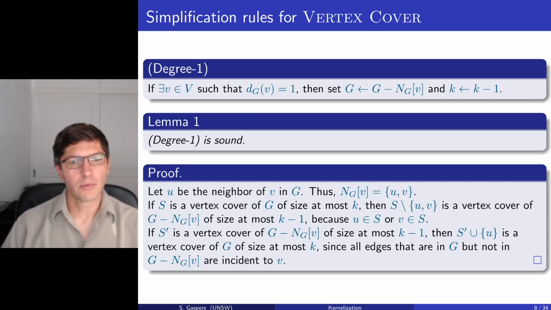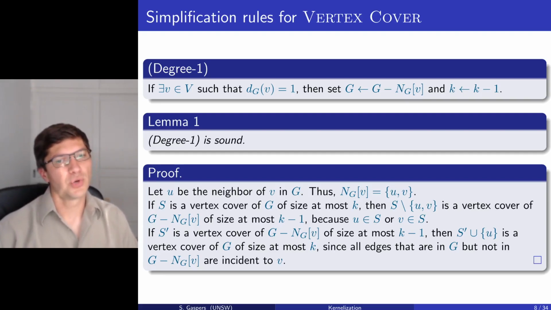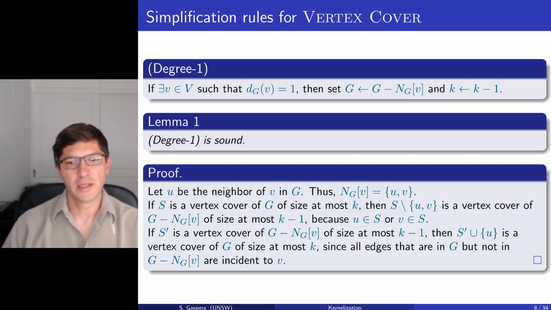Okay, so now we are going to show that if the output instance is a yes instance, then the input instance is also a yes instance. So if S prime is a vertex cover of G minus the closed neighborhood of V of size at most K minus 1, now adding U to this vertex cover covers all the edges of G, because U covers all the edges that we removed by removing U and V from the graph, and the remaining edges are all covered by the vertex set S prime.